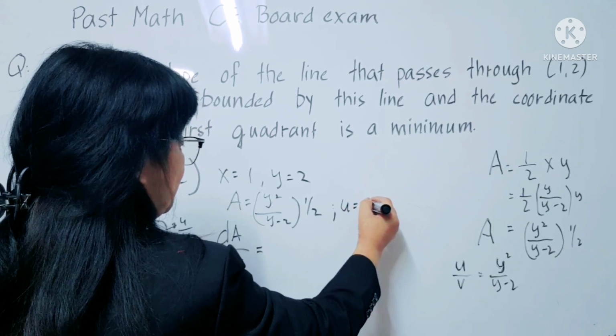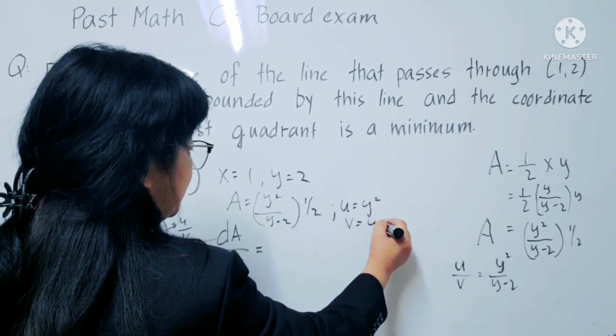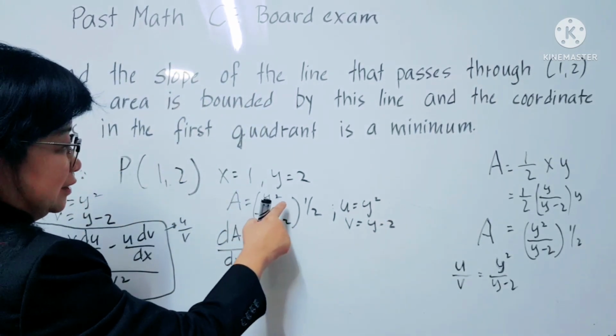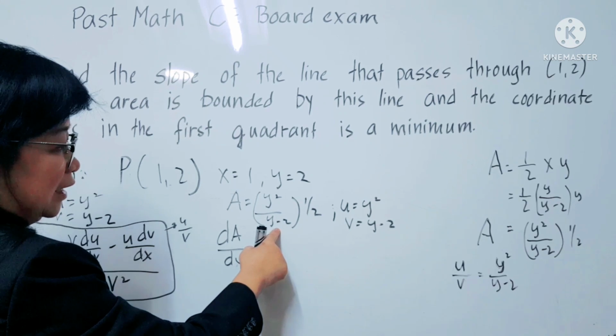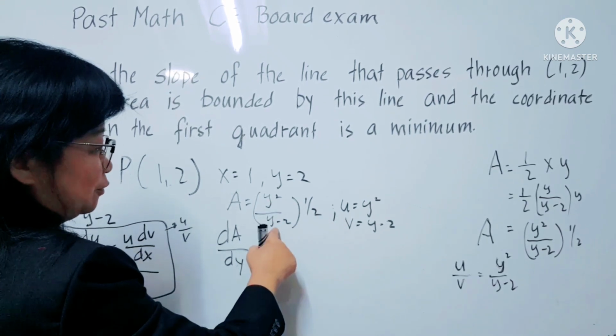Our u is equal to y squared, and our v is equal to y minus 2.